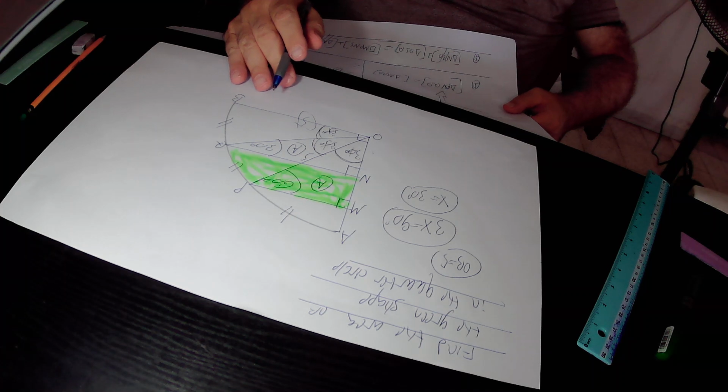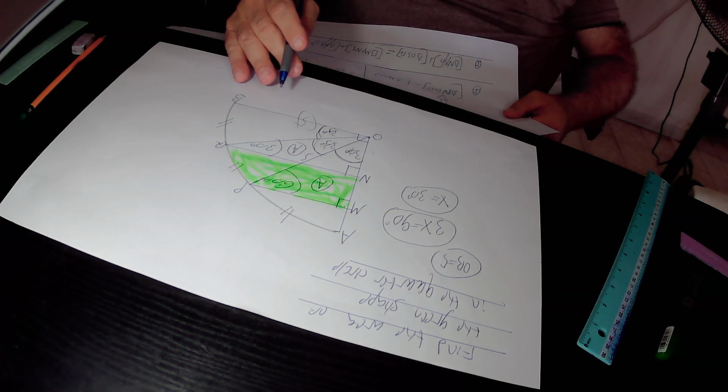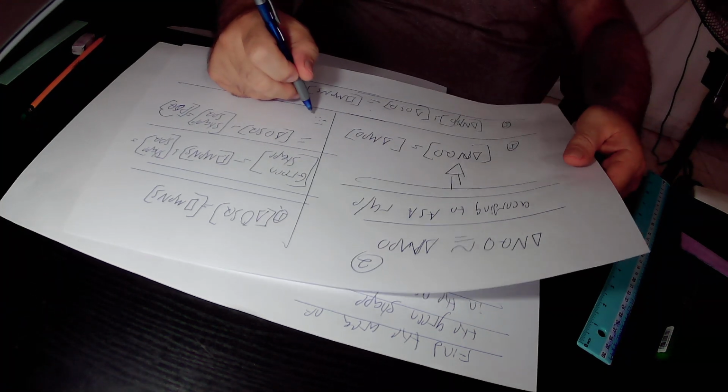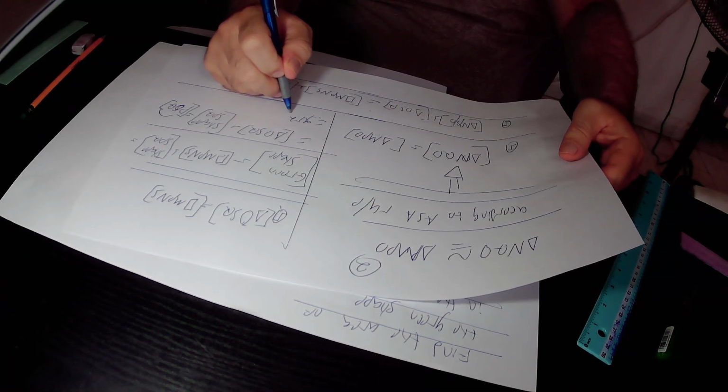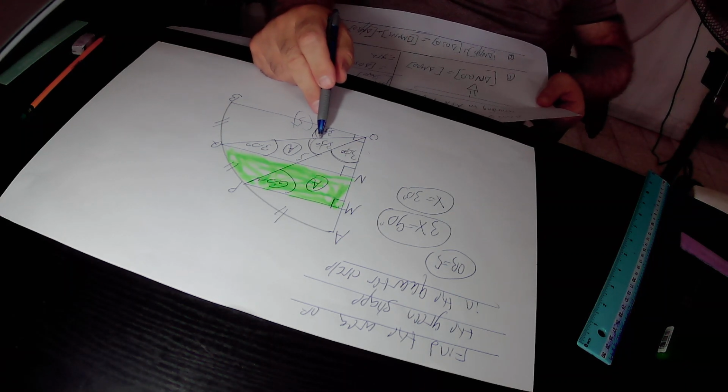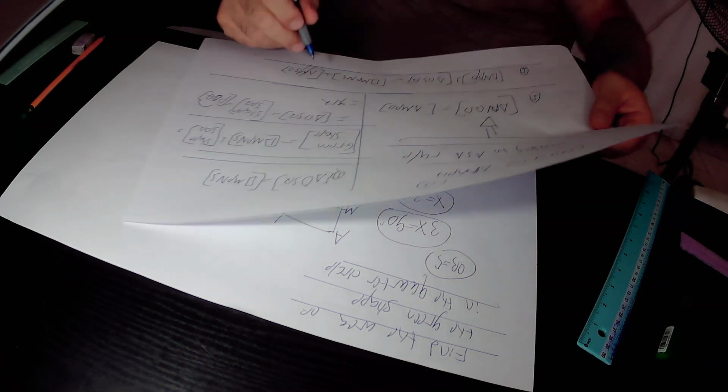The area of any sector equals pi r squared, that is the area of the circle, times the angle between the legs of the sector, that is 30 degrees over 360 degrees.